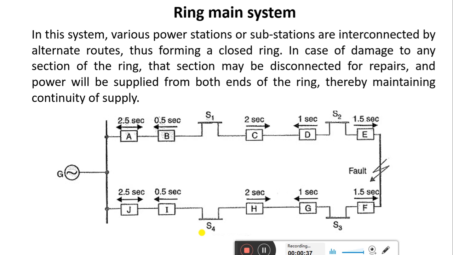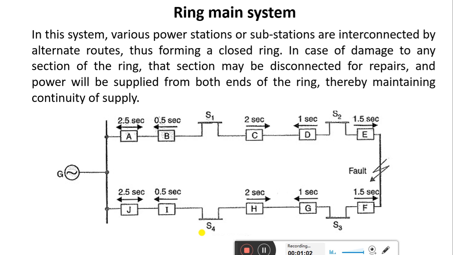In case of a fault at any section, that particular section will be disconnected, as the protection system is designed in such a way, and all the rest of the system will keep running healthy. So this is the advantage of the ring main system.